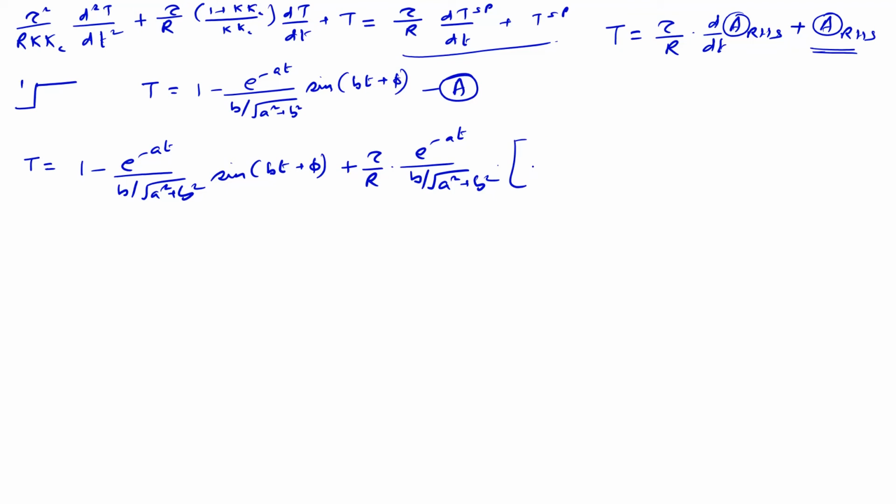So the derivative is going to be negative becomes positive, a times sine bt plus phi minus b times cos bt plus phi. This is what it turns out to be, and we'll have to do some algebra now.